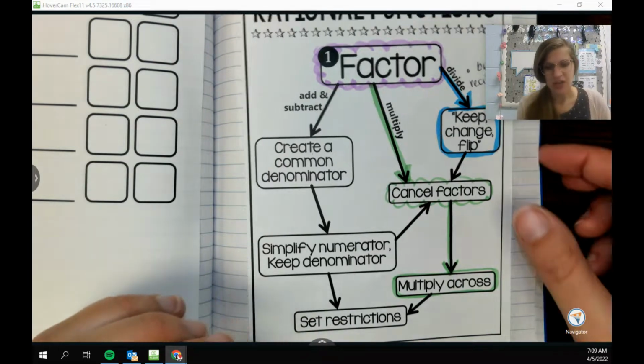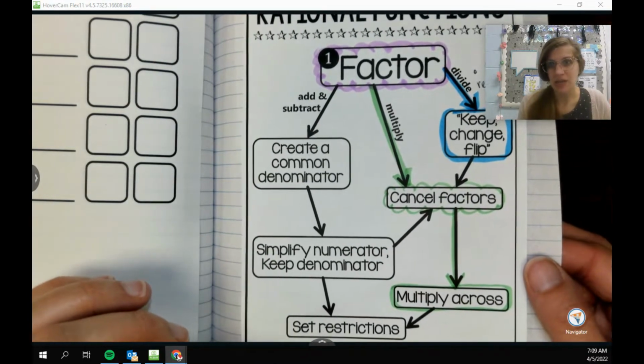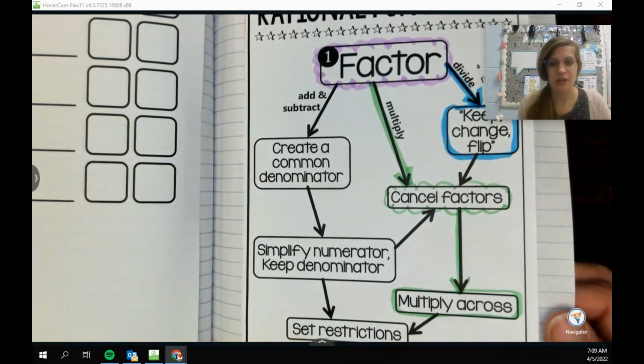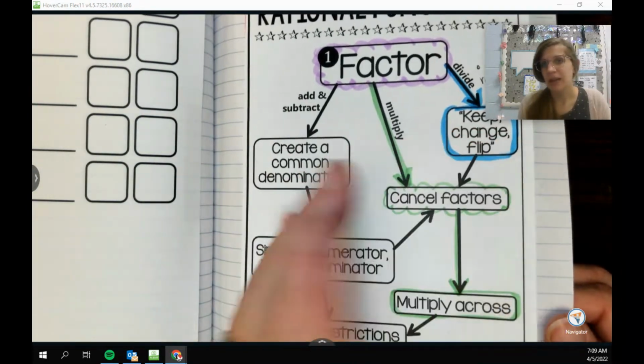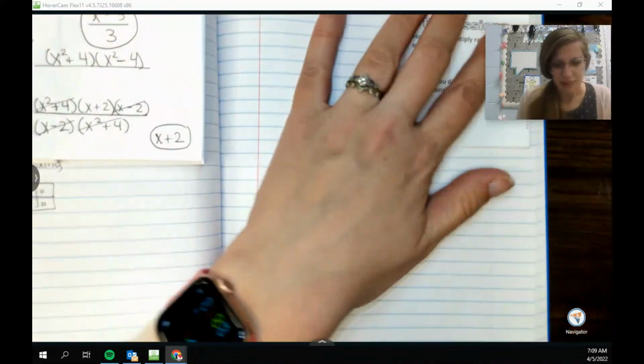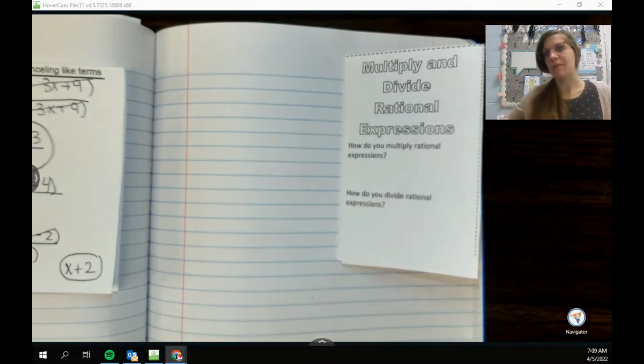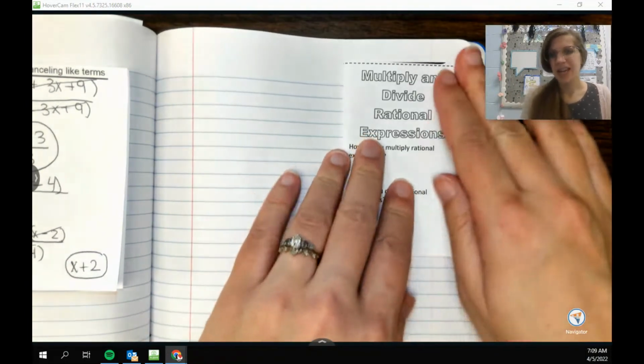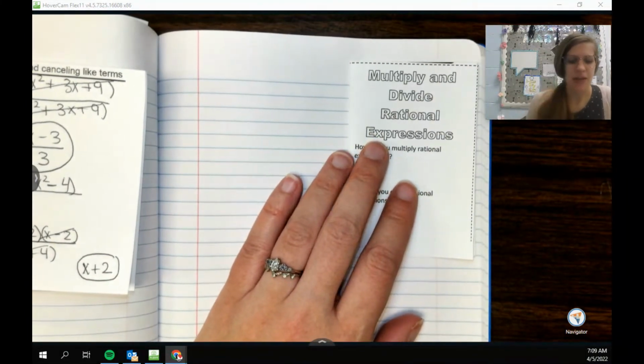Okay. So again, we've done most of the hard stuff. We know we have to factor first. Then it's just a matter of multiplying or dividing. So let's try some. On page 99 here, I put my book towards the top because I'd love to put addition and subtraction right below it. Again, we don't have too much that we need to talk about here.